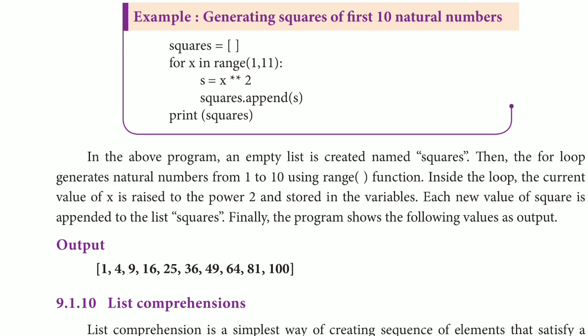So this is the output of using the range function to create a list. You can use the append function to add elements to the list by using the range function. Thank you students, we'll see the rest of the things in the next class.